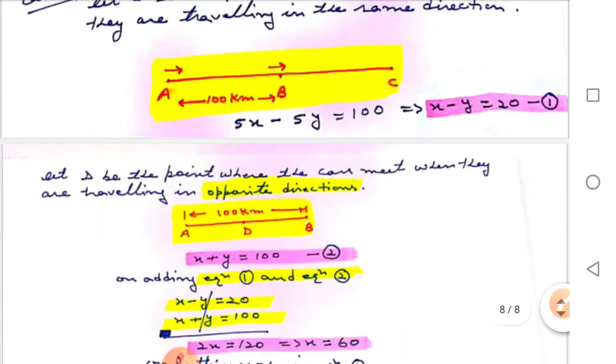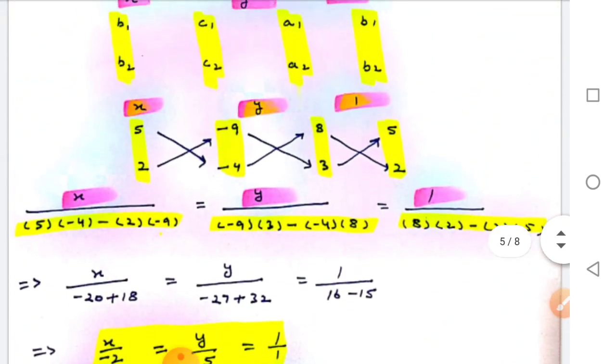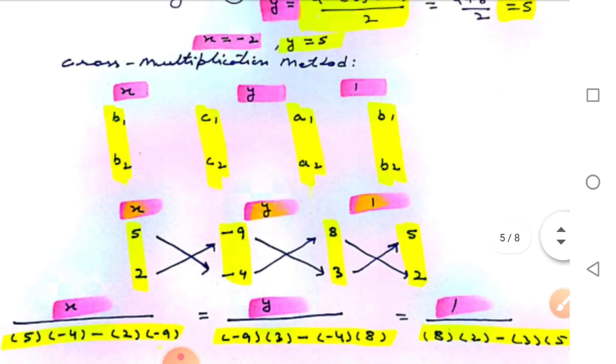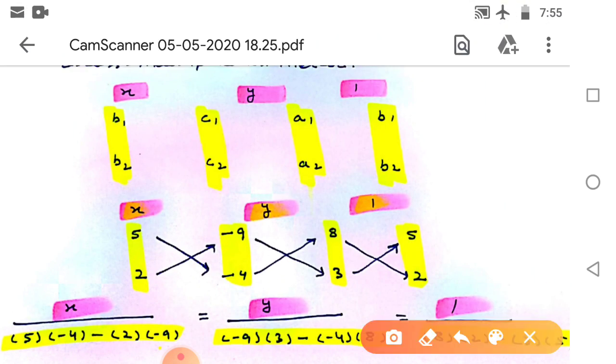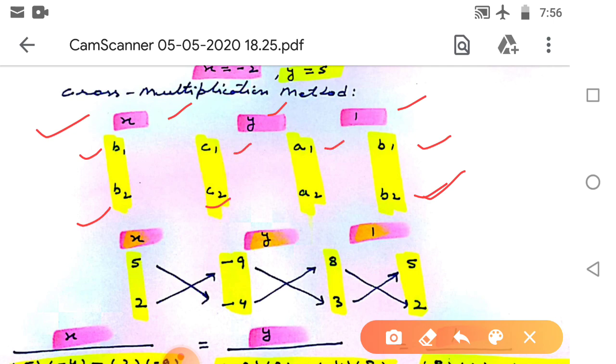Now come to the second part of this question. We need to find the value of x and y with the help of the cross multiplication method. In the cross multiplication method, again we need to write this formula: x, y, 1 all positive, b1, b2, again b1, b2, then c1, c2, then a1, a2.